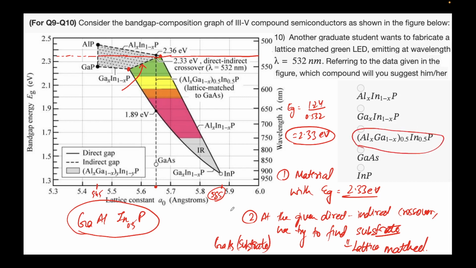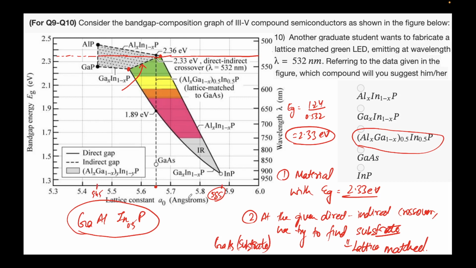Hence this is the option. So let me just put it more clearly, it's still causing confusion. We first find out the band gap. So we found out the band gap is 2.33 eV. Fortunately in the question, it was written to us, lattice matched to gallium arsenide. This alloy that you see is written here, but I told you how to calculate the lattice matching itself.